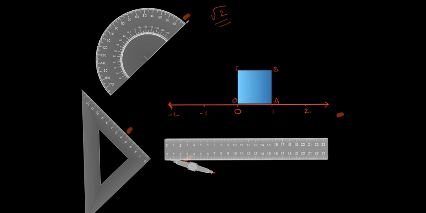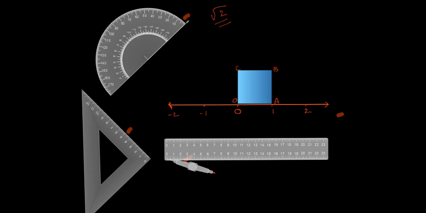You may observe here what I did. First I draw a number line. At 0 we draw a unit square which is shown to you on the screen. Now you may observe the length between 0 to 1 is taken as 1 unit, and the same length from A to B is also the same distance.